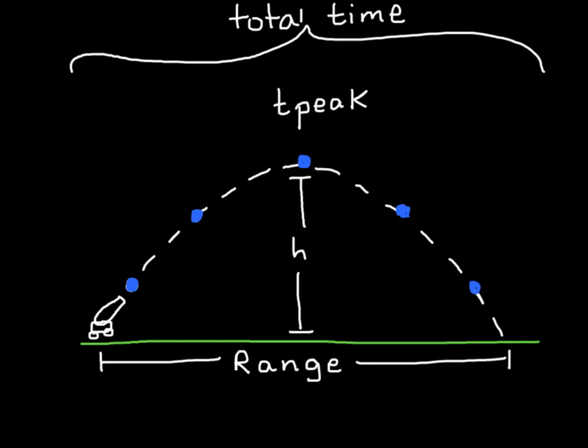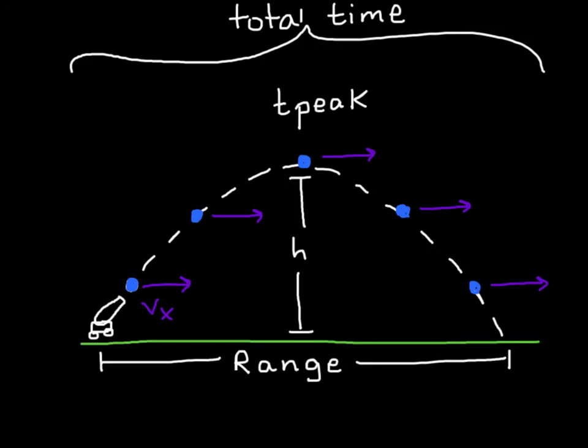Let's put the horizontal velocity on here first. We know that the velocity in the x direction remains constant throughout the path of the projectile. So each of our points gets an arrow to represent horizontal velocity, and they should all be about the same length.